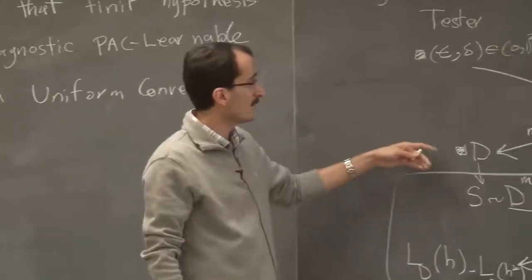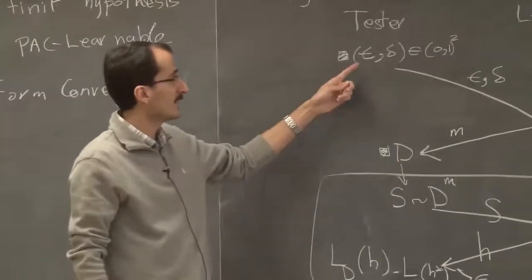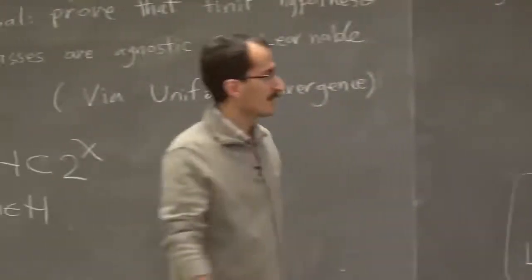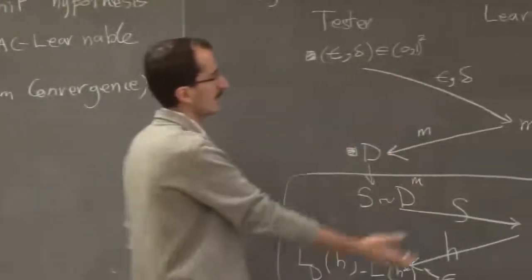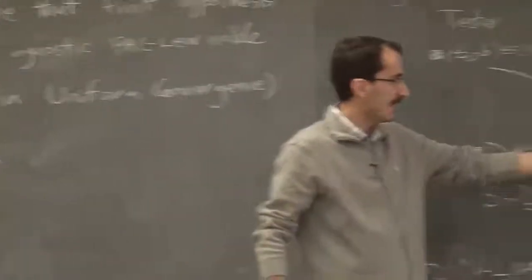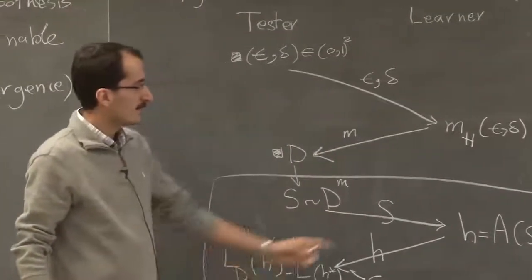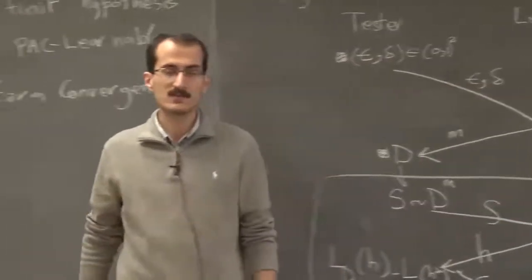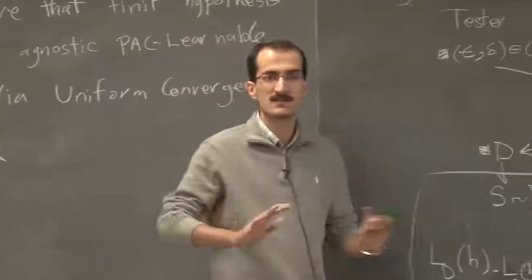And if for every distribution and for every epsilon and delta in this range it works, then we say that this was a true agnostic learner with sample complexity M and with the algorithm A. So there is such an algorithm. If only one algorithm exists, we say that it's learnable.